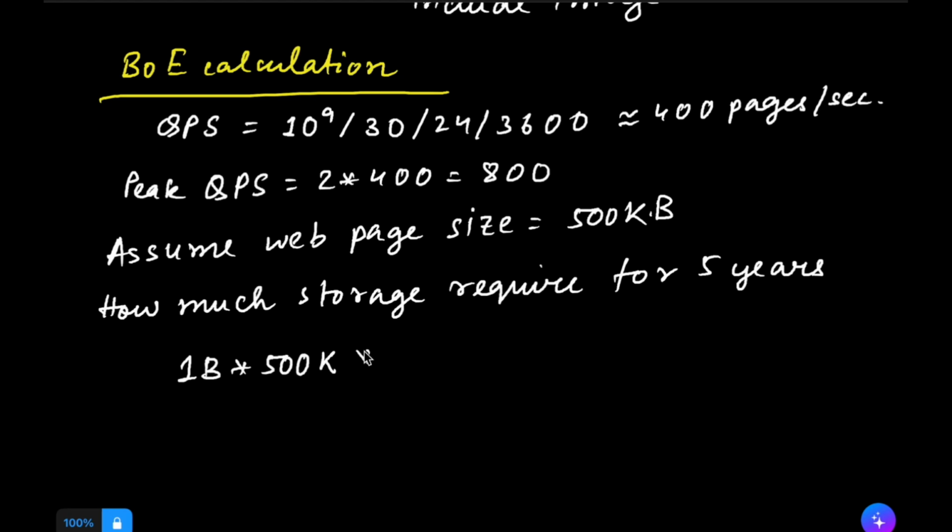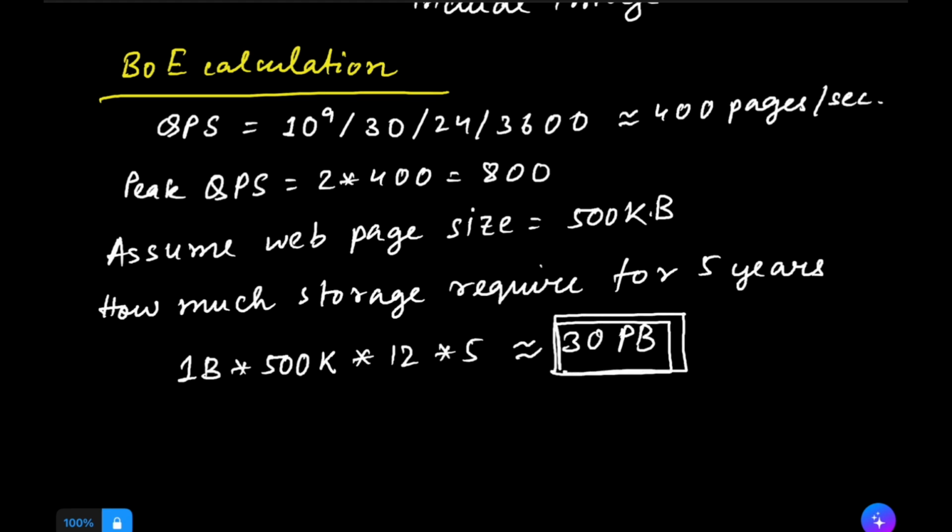This is in a month, so in a year it is this, and in 5 years, this is the value. In total it approximates to 30 petabytes of storage we would require to store 5 years of content. This is a short back of the envelope calculation to get an idea of how much storage is required to store this 5-year content while the web crawler visits multiple web pages on the internet.